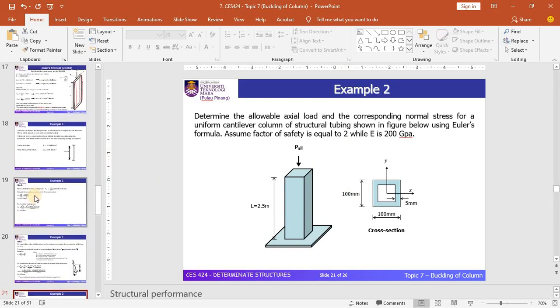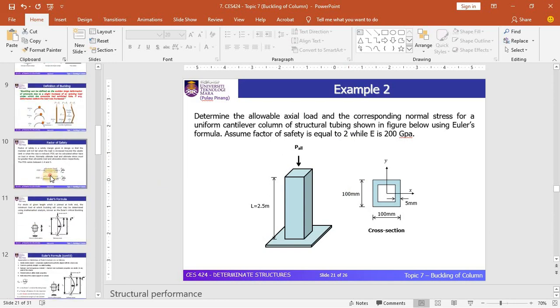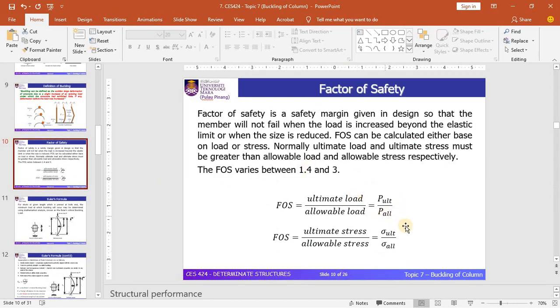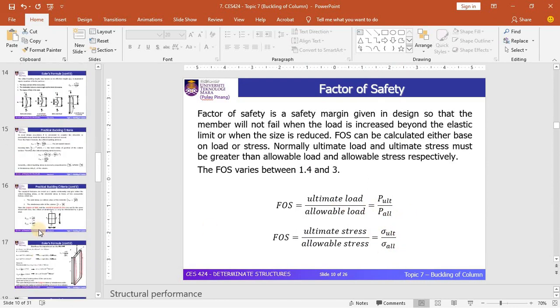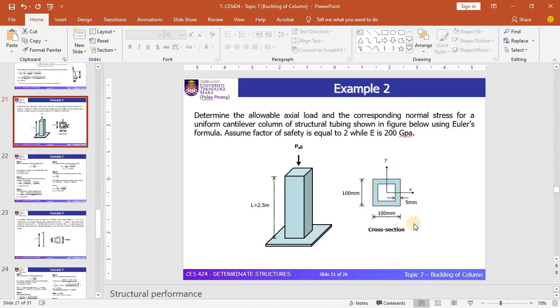So this means we need to use the particular equation that we have seen in the lecture previously, where the FOS is equal to P ultimate divided by P allowable. The stress is given by this equation. Let's return to the slide. This allowable axial load can be calculated by using the FOS.